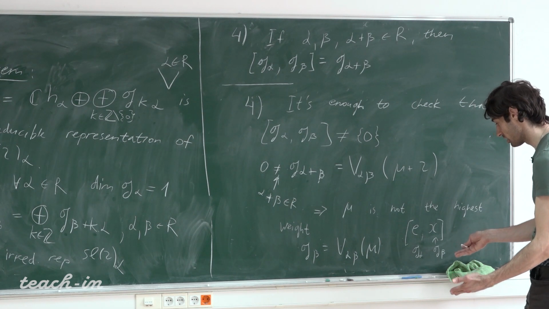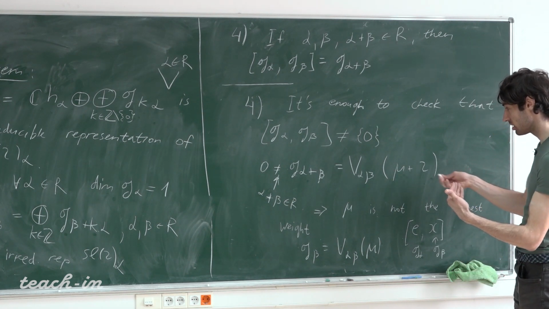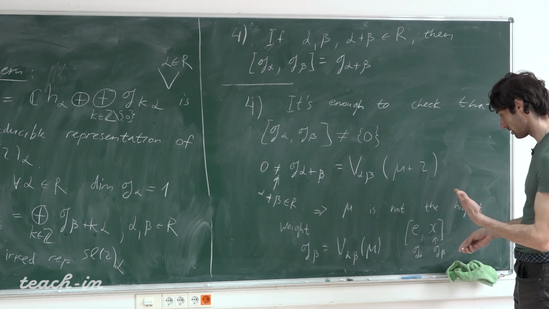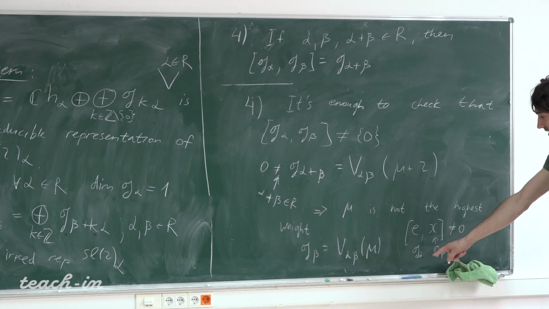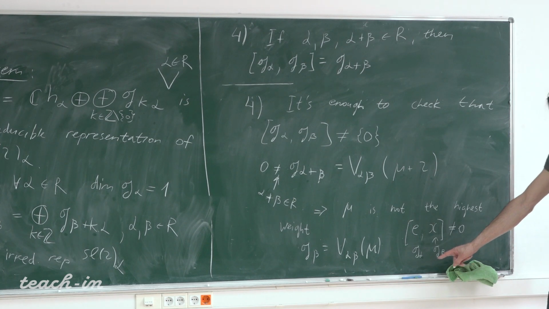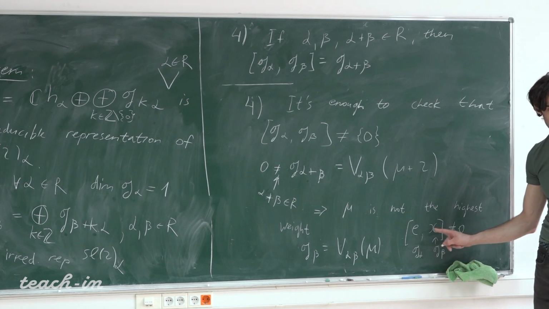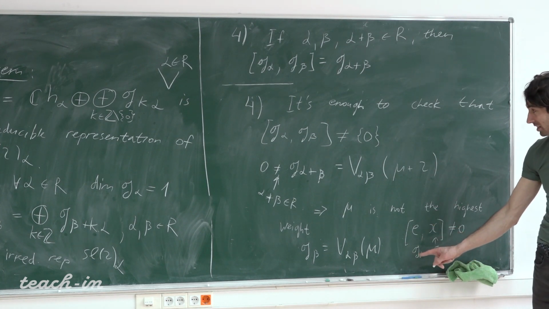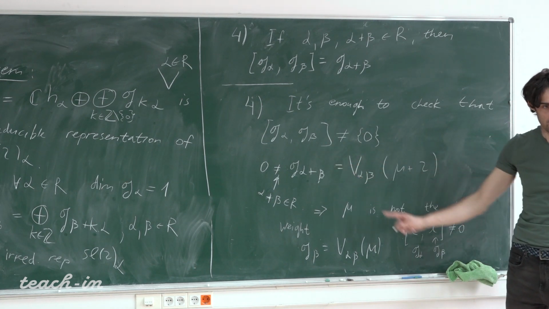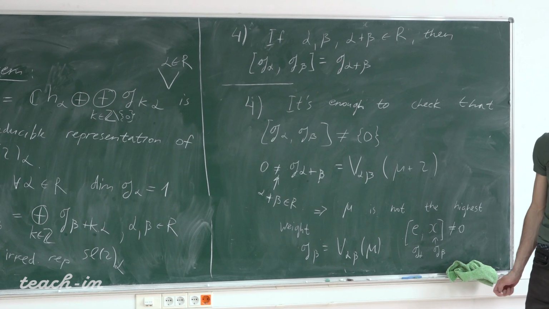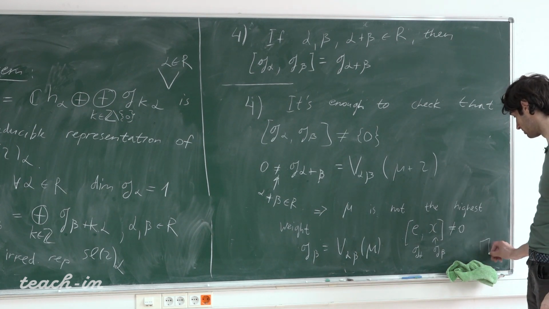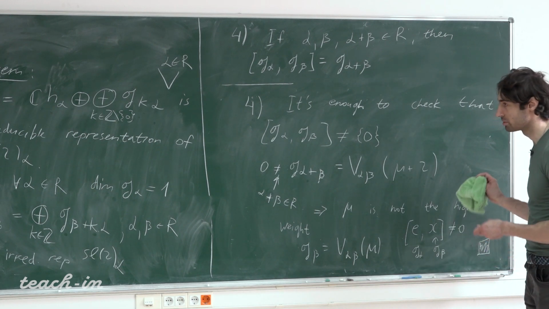It should go to G to here and to be non-zero. But that's exactly what I would like to prove, right? That I would like to find some element in this which is non-zero. So I proved it. Okay, so the theorem is proved.